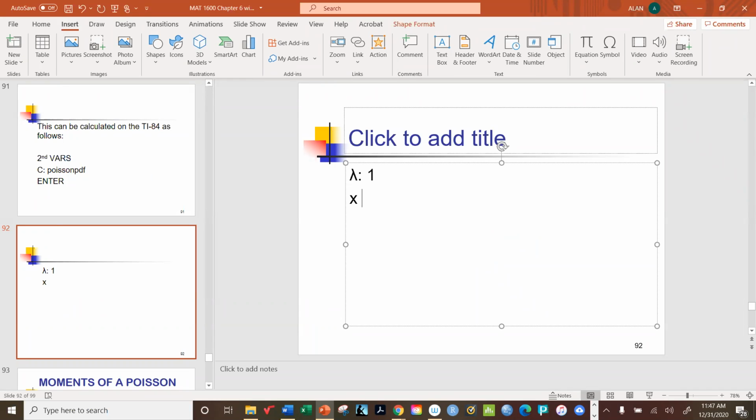And the x value is 2. Then of course, you hit the paste function, 1 for lambda, 2 for x, and it comes up with 0.1839, let's say. So there's a little bit of a rounding difference, but that's the correct value.